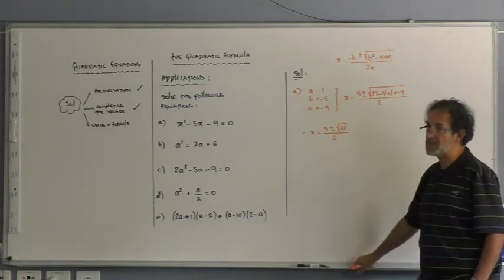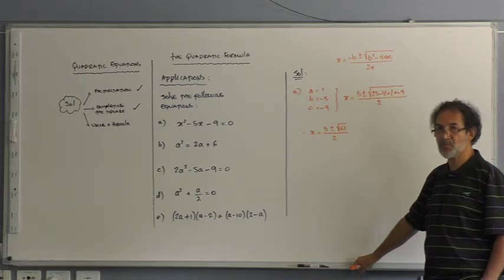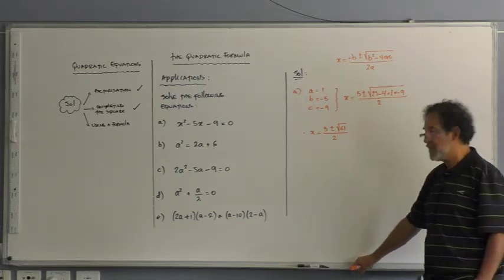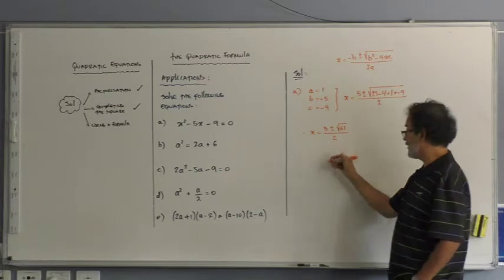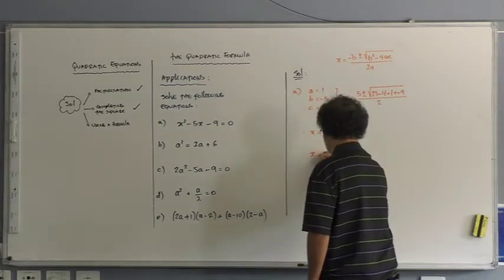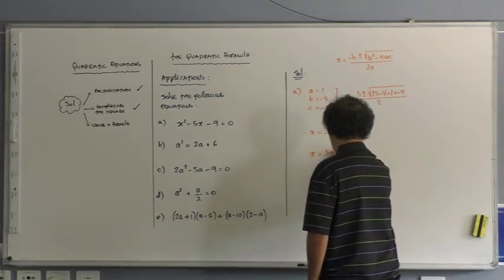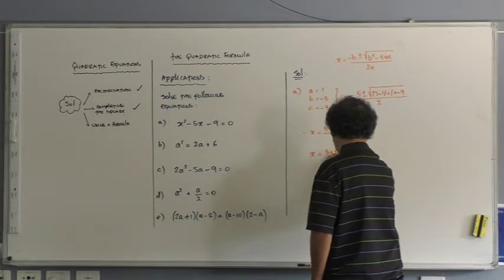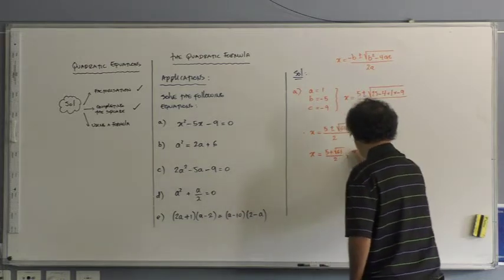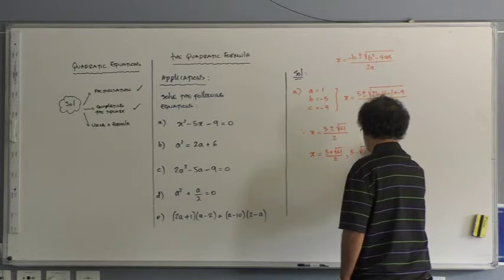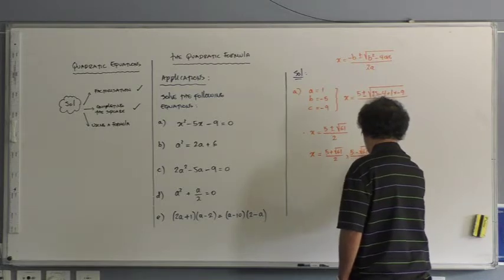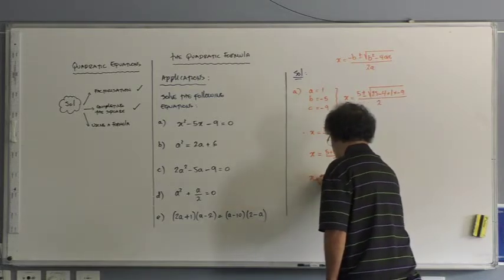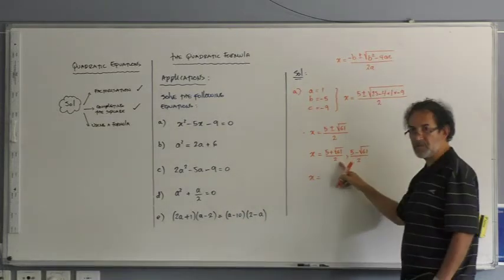But if the question says find the answer correct to 1 or 2 decimal places, then you're going to have to do this. So you say 5 plus square root of 61 on 2, comma, 5 minus square root of 61 on 2.